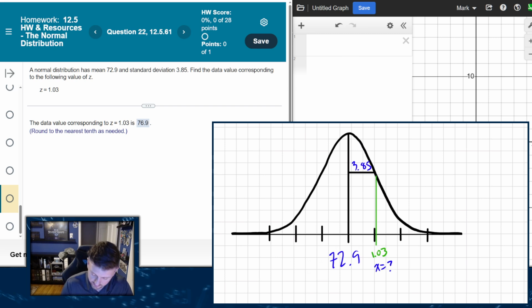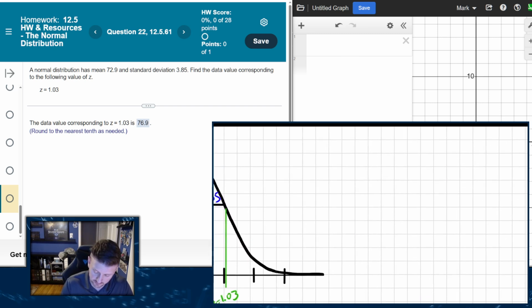What is this x? We know the z is 1.03. The mean is 72.9, and the standard deviation is 3.85. So we want to know what that x is. So that's where this algebra is going to come in.